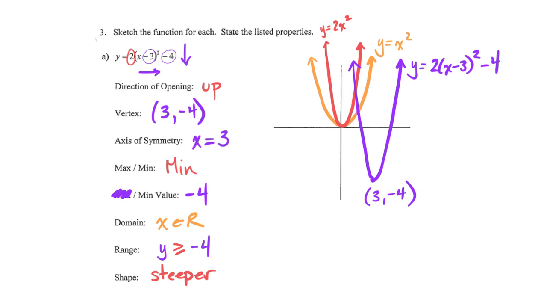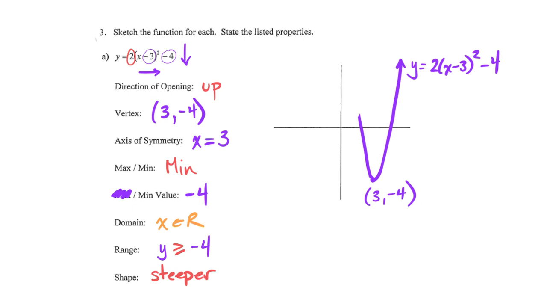The only thing I'm going to do is get rid of the red and the orange parabolas. I don't want us to be confused by anything that's not really a part of that parabola. So if I extend it and clean it up a little bit, there's my sketch.